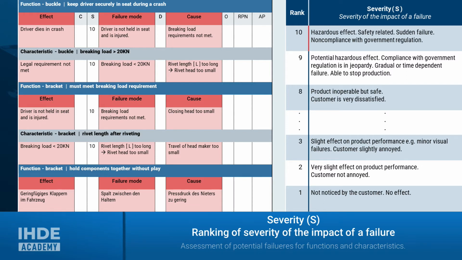The driver is not held in the seat and is injured, and the braking load is less than 20 kN. On the other hand, the last failure effect, minor rattling in the vehicle, is only to be rated with a 3 according to the catalogue on the right for the severity of a failure. A further classification results also from the assessment of the severity, as we will see next.